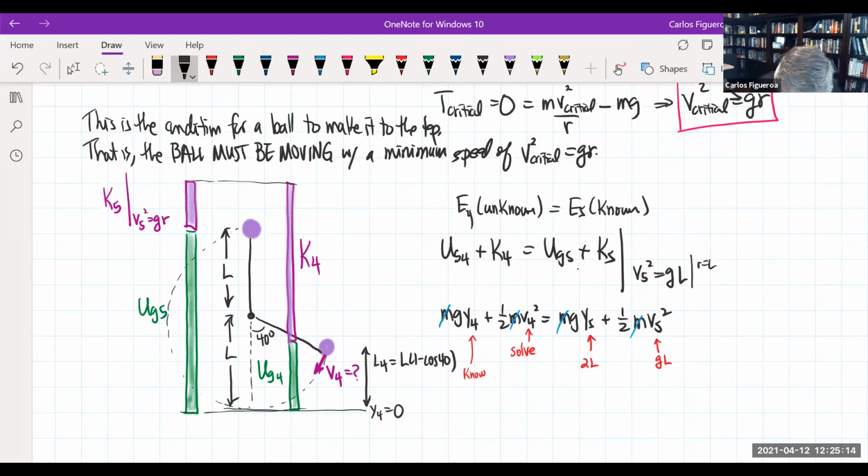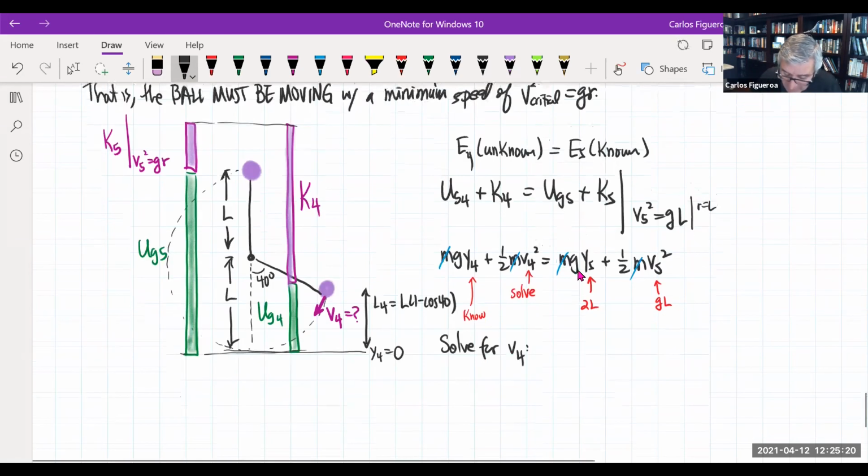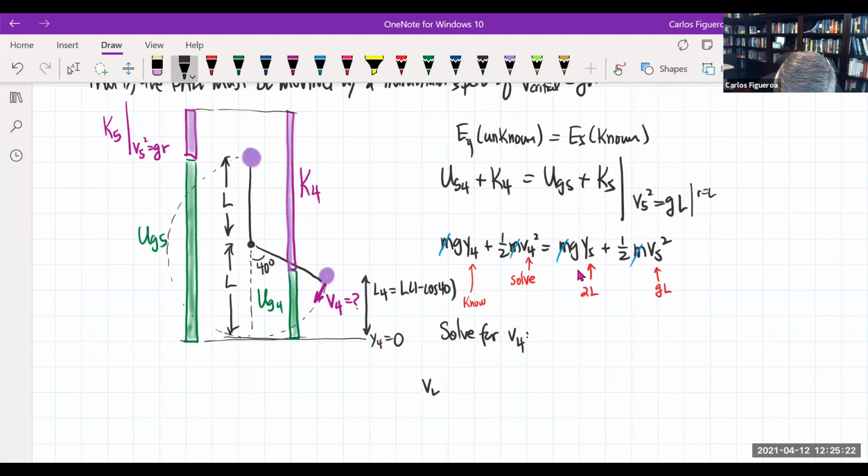So now if I do this, I'm going to solve for V4. Look how I start off. I have V4 on the left here. So I'm going to get G times the quantity y5 minus y4 plus 1/2 times V5 squared.